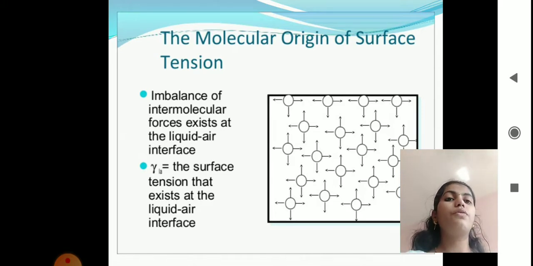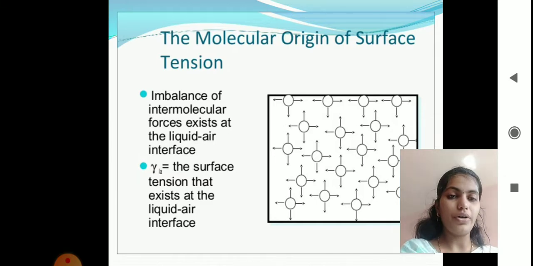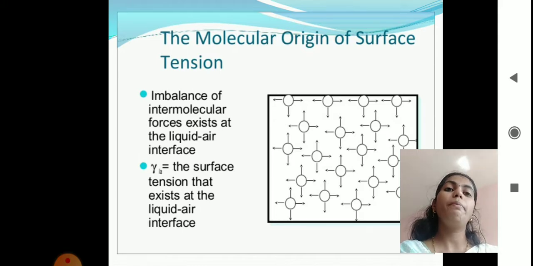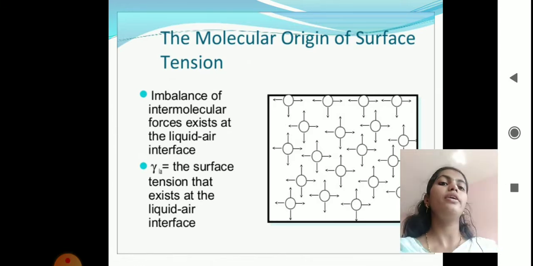There is an imbalance of intermolecular forces at a liquid and air interface. Interface means the connection or contact between two different mediums or two different layers. At this point we have to see the imbalance of intermolecular forces at the liquid-air interface, which gives the surface tension that exists there.